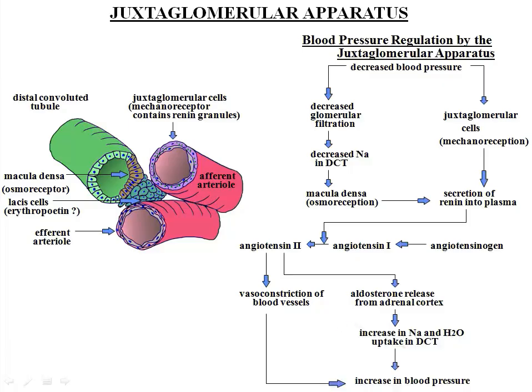Now, the wall of the distal convoluted tubule is also modified at the site of contact with the arteriole. Here the cell lining is densely packed together and forms columnar cells. In the rest of the tubule you will find cuboidal epithelial cells, but the area in close contact with the arteriole has become columnar, and these cells are called the macula densa.